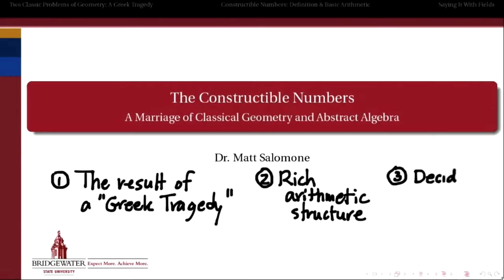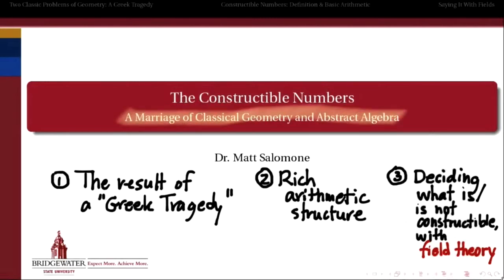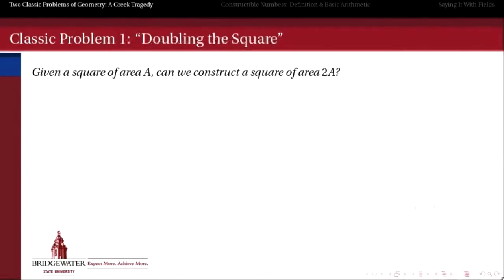And finally, we're going to look at the question of deciding whether or not a given number or given length is constructible with a compass and straight edge, using the tools of field theory, which is what makes this an abstract algebra question. So this really is, as the title suggests, a marriage between classical geometry and the abstract algebra that we're interested in for the purposes of our course.